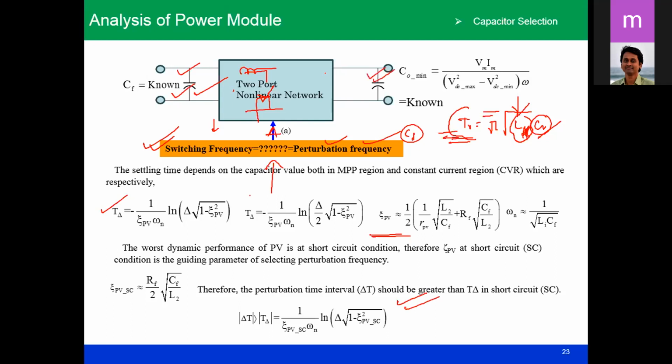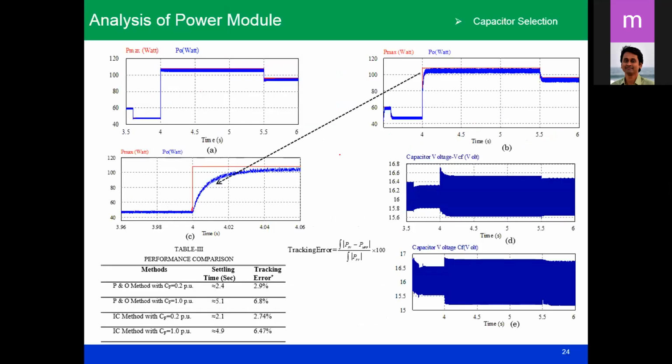In the next slide, you see I have done the simulation. You can see that with a higher amount of capacitor, if you do not select properly, this kind of extra power loss is happening. Whereas if you select properly, 0.2 per unit to 0.4 per unit, then there is very little power loss. Here I have termed it as tracking error, and this is the capacitor voltage. You see the dynamics is taking a lot of time here. Here the dynamics is very fast.